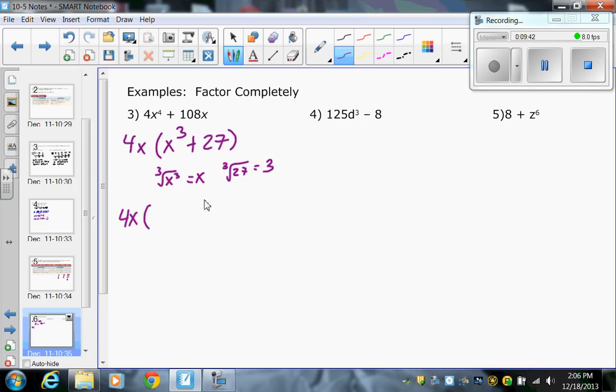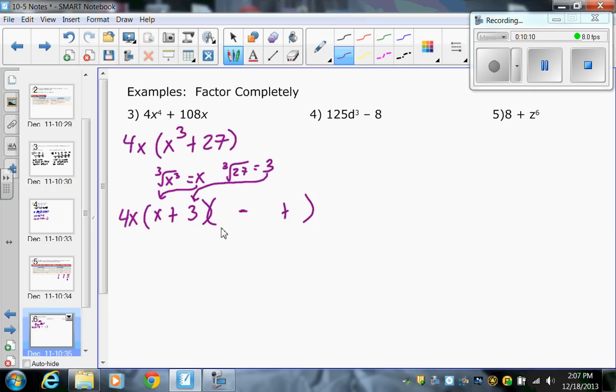Since it's addition, I'm going to go ahead and put in my signs. So SOAP stands for the first one is the same. So since it was addition here, it's going to be addition here. Then the opposite, and then always positive. So it says take the first term, going to go here. The second term is going to go here.